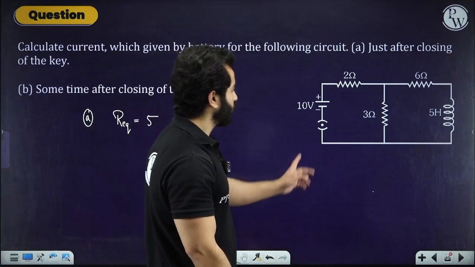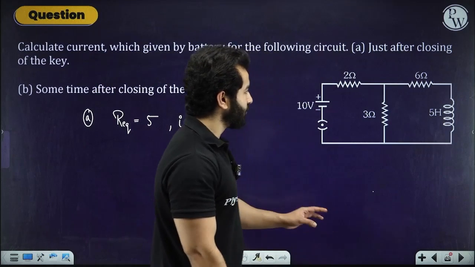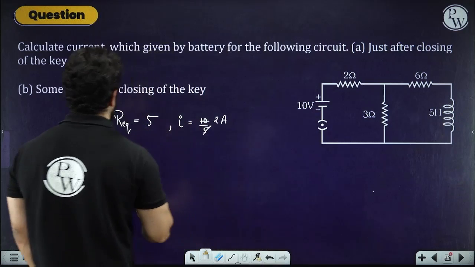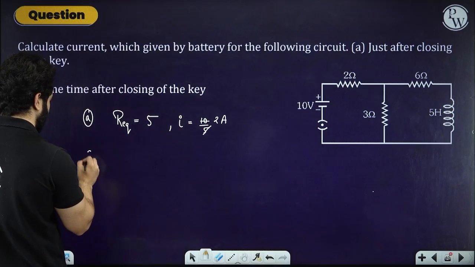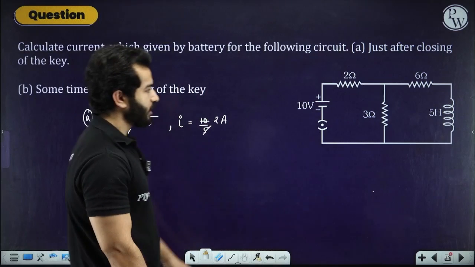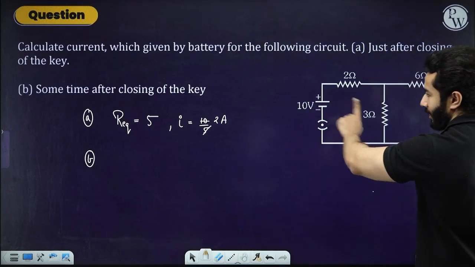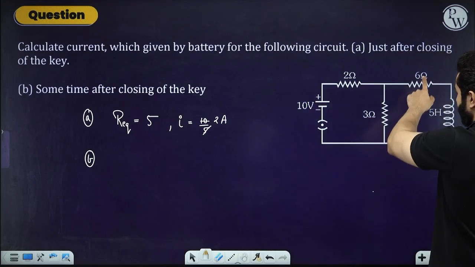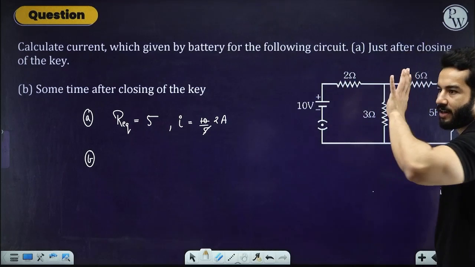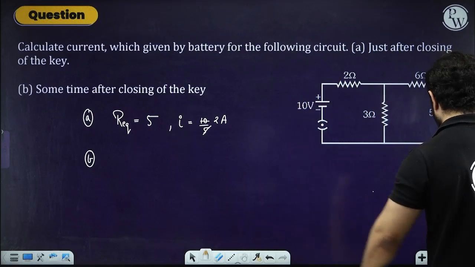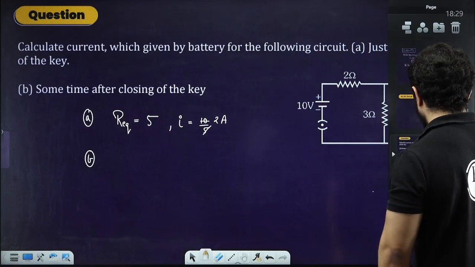So 2 ampere of current should come from the battery. After some time, we'll say that now there will be a clean wire over here. So now you can find R equivalent again, parallel combination of 6 and 3, then series, and find it out. Please do it, very easy, not so difficult.